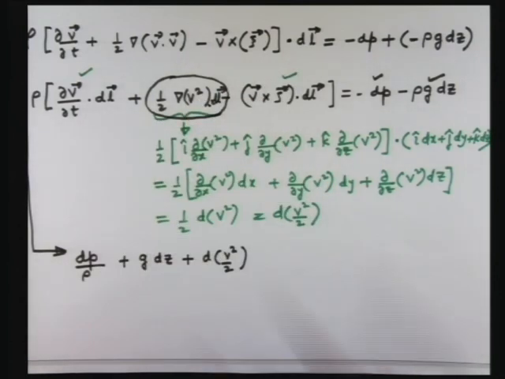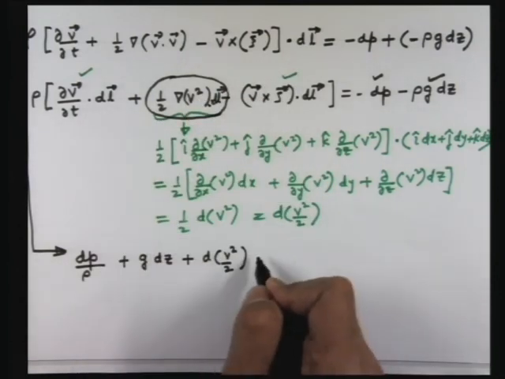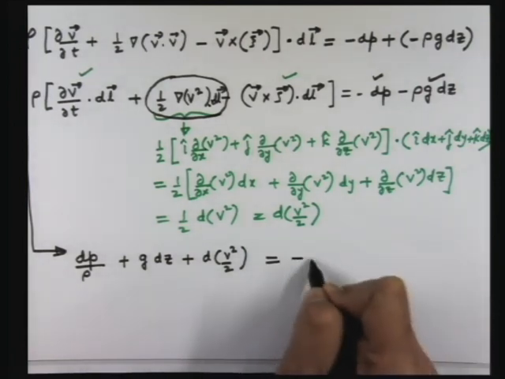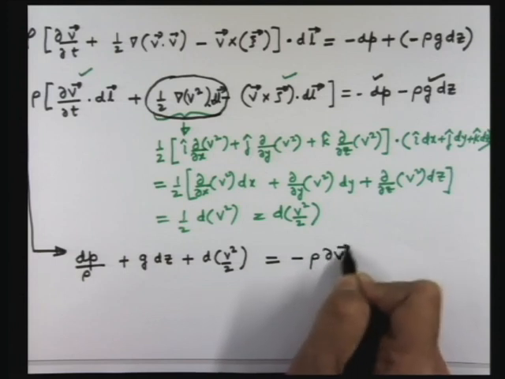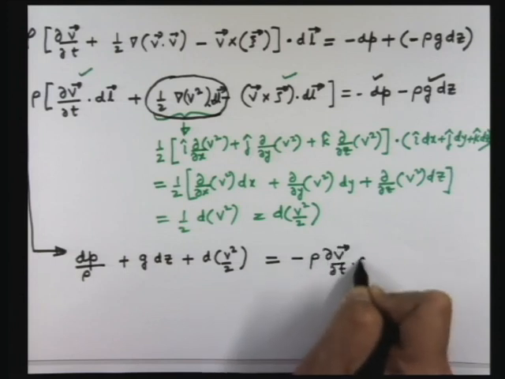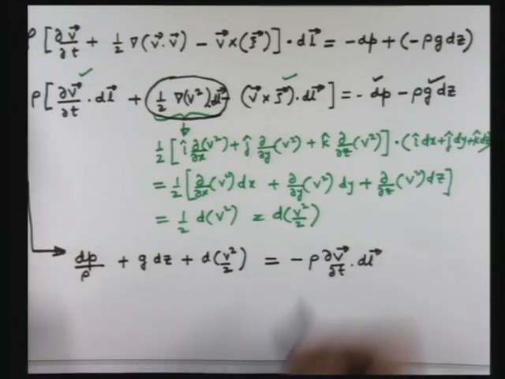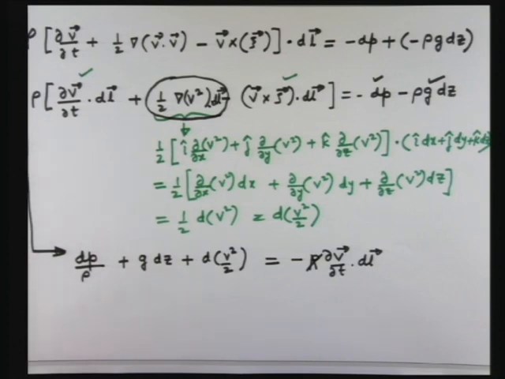These terms are equal to, now we take all other terms on the right hand side, so minus del v by del t dot dl. Rho is not there, sorry, it is divided by rho already, so rho is not there.